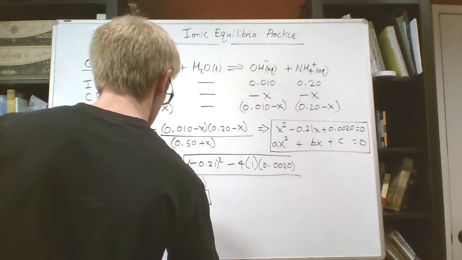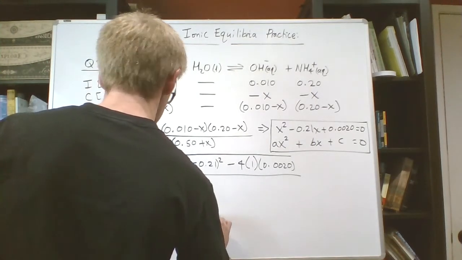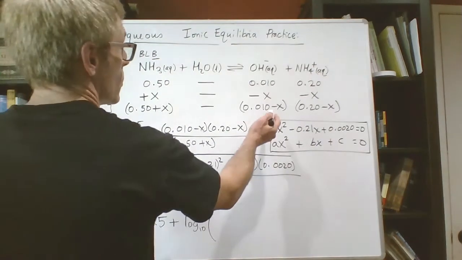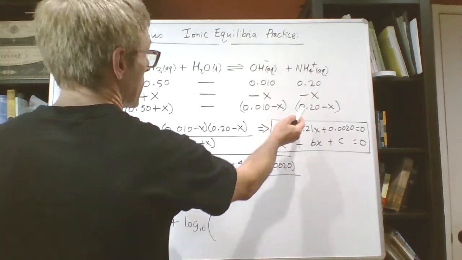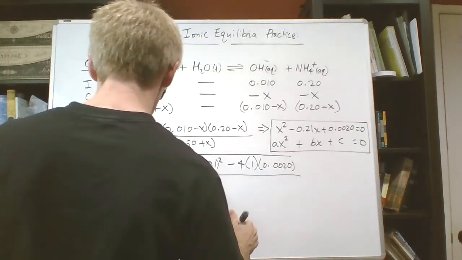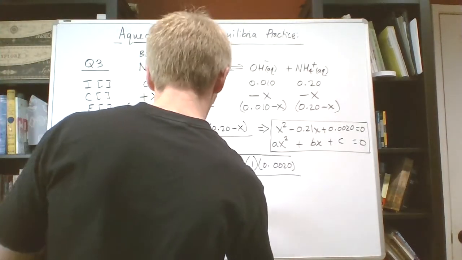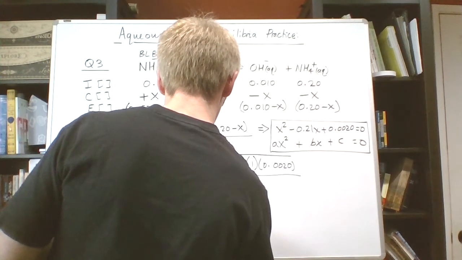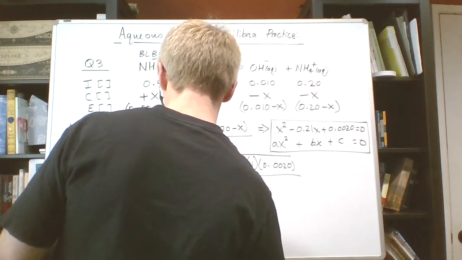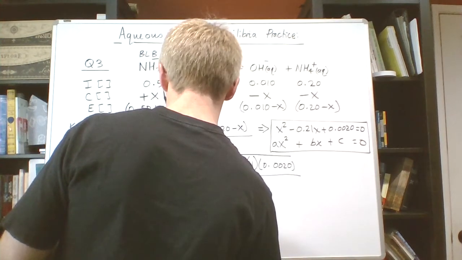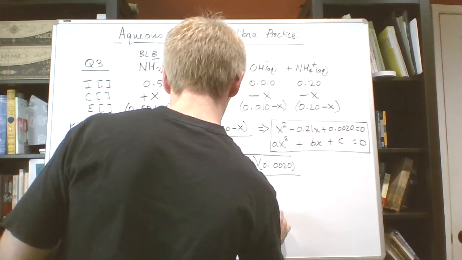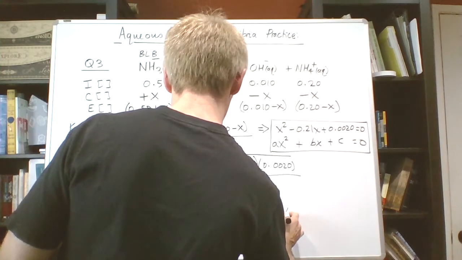plus log base 10, the conjugate base, which in this case is going to be that value, divided by that value, which is 9.68.